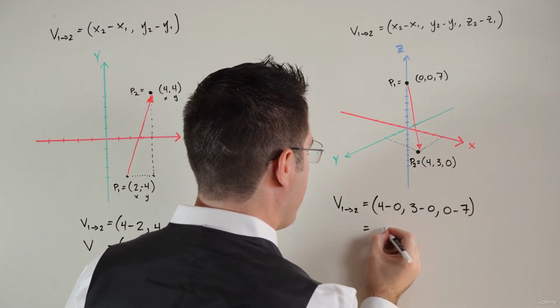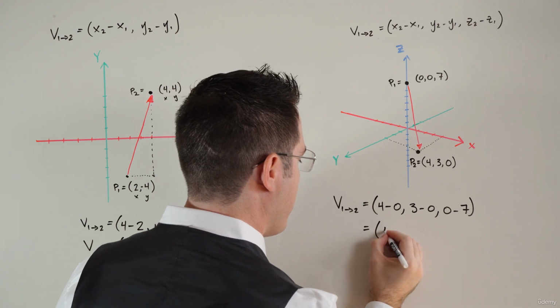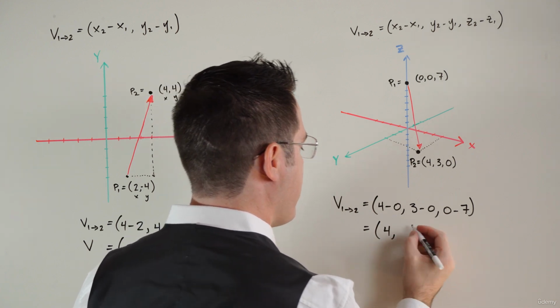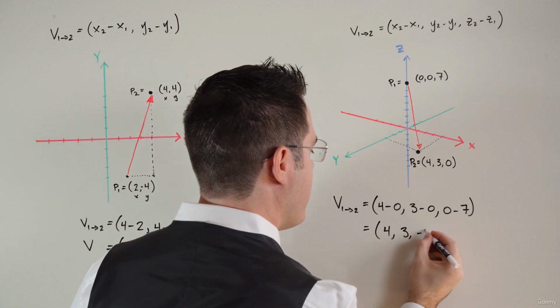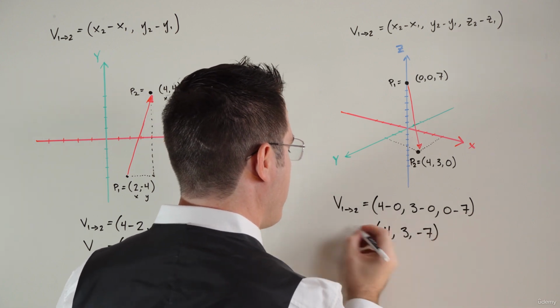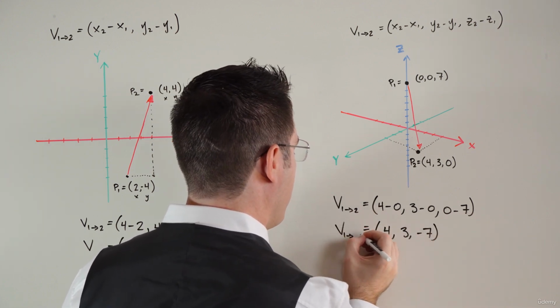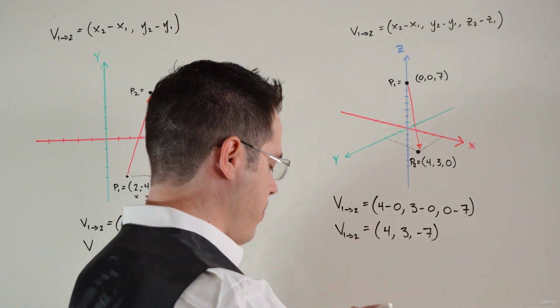So this simplifies down to 4 minus 0, which is 4, 3 minus 0, which is 3, and 0 minus 7, which is -7. That is the vector from point 1 to point 2.